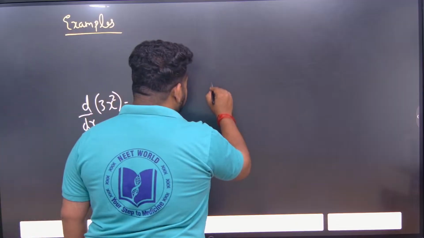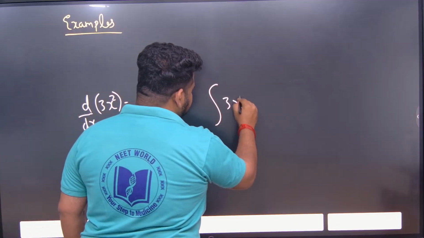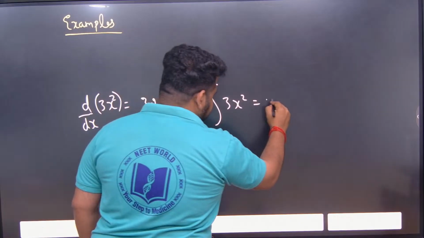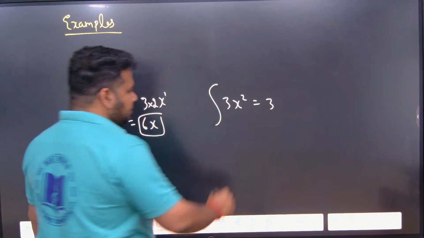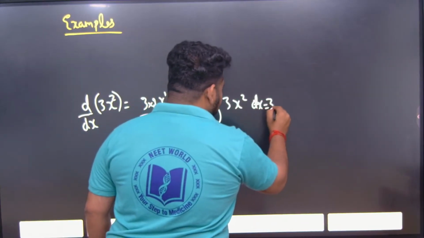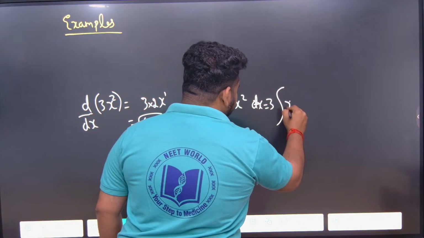Now, integration of 3x square, what will happen? 3 is a constant, so I will keep 3 outside. Integral of 3x square dx becomes 3 times integration of x square dx.